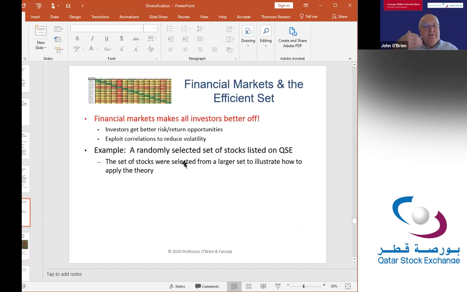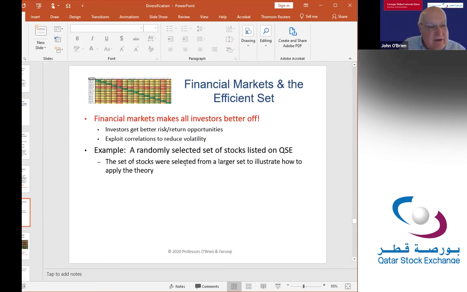This was the idea behind the market's role, that financial markets make all investors better off because you can now trade shares, and that allows you to get even better risk-return opportunities if you are prepared to go through the quantitative work that Markowitz went through. I'm going to illustrate this for a sample of stocks.